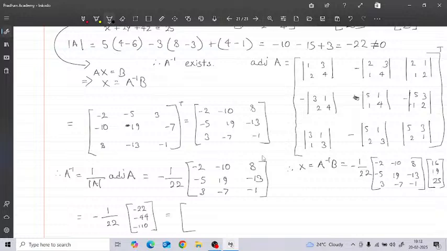So my answer will be 1, 2 and 5. So this is my solution. What is my solution? My solution is x equals 1, y equals 2 and z equals 5. So that's my solution.